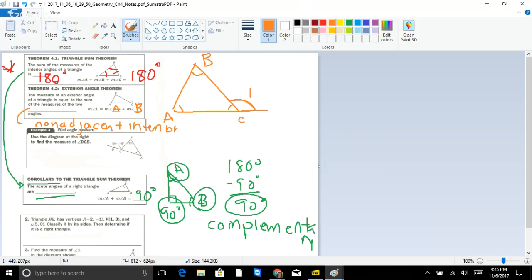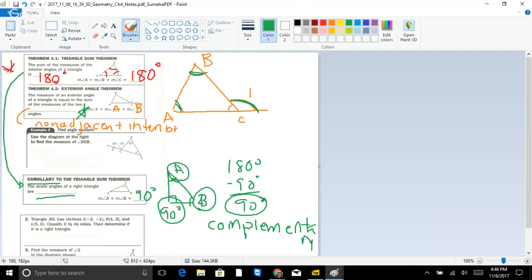The measure of an exterior angle of a triangle is equal to the sum of the measures of the two non-adjacent interior angles. So what this is basically saying is that if you want to find out what angle 1 is, the measure of angle 1, you have to add up the measure of A plus the measure of B. And that will give you the measure of angle 1. It's written out here, right? Really neatly for you, right?